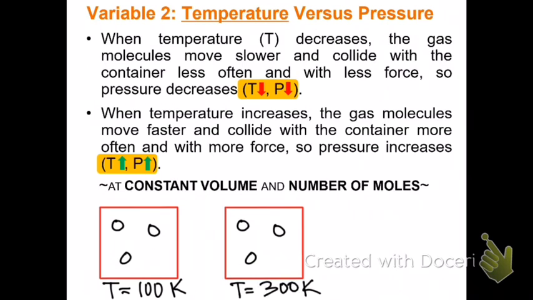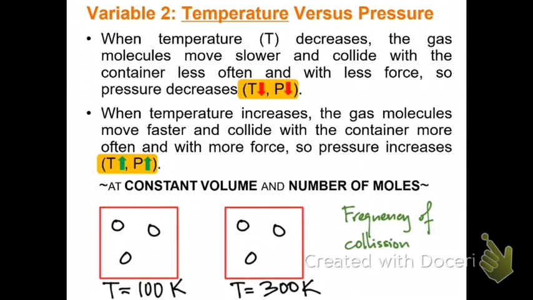Again, you always want to think of frequency of collision here. How is this going to affect the frequency of collision?